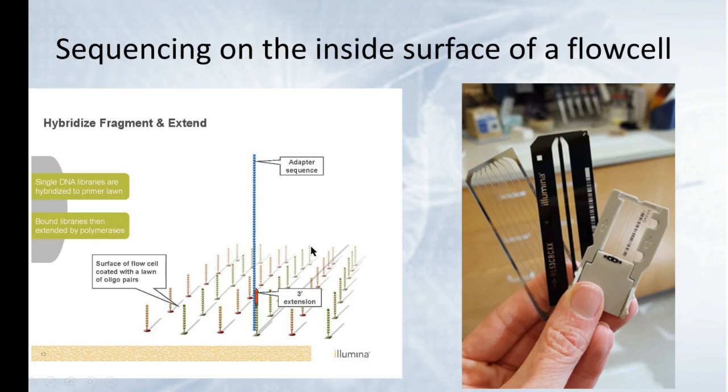If you imagine on the inside of this glass, there are many, many hundreds of millions of these sequences. And the thing that makes them different than a normal PCR primer is that they're covalently linked, that means permanently attached, on their 5' ends to the inside of the glass. So they're not coming off of there.